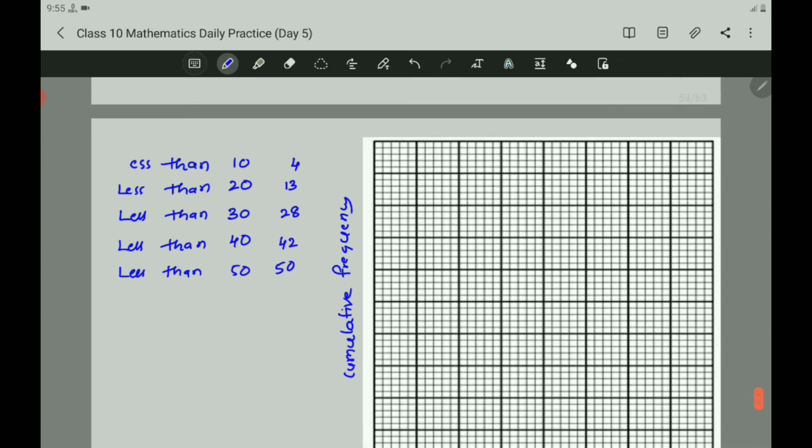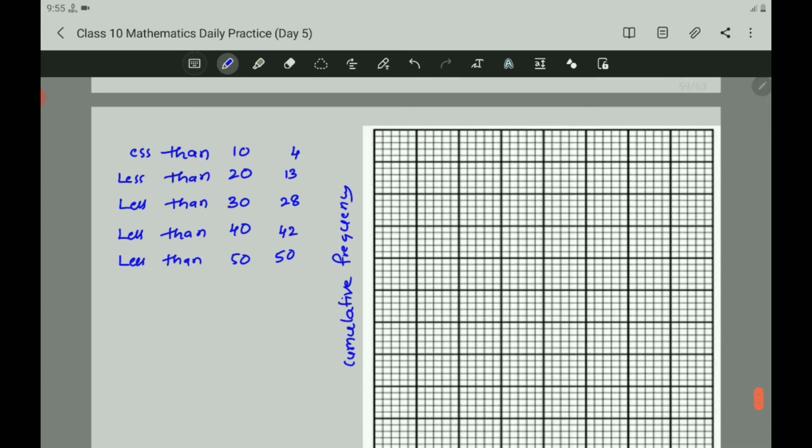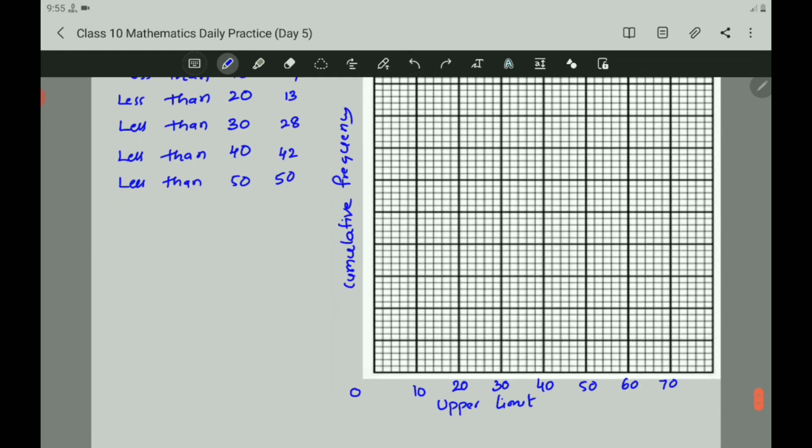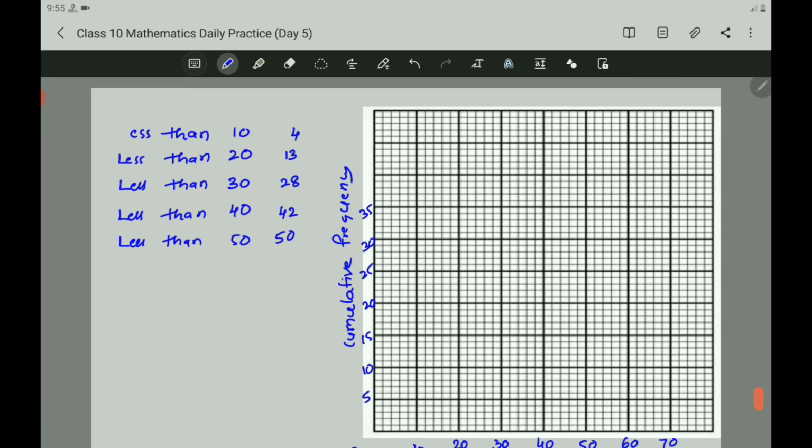And next, on the y-axis we have to take the frequencies. Here the maximum is 50. So let us take 5, 10, 15, 20, 25, 30, 35, 40, 45, 50.